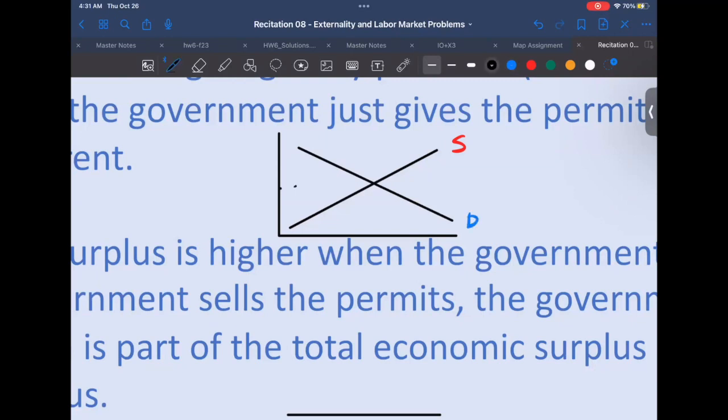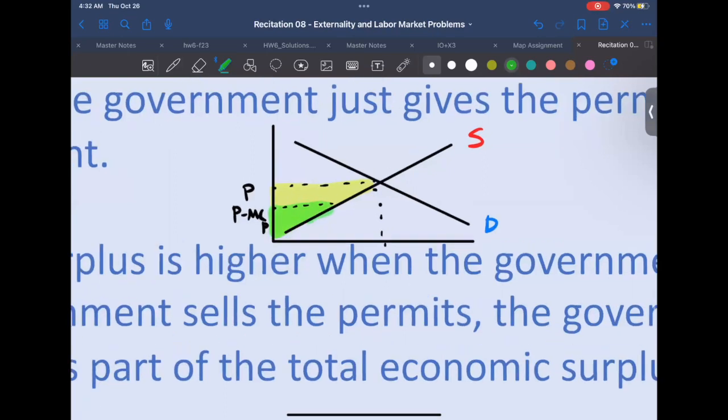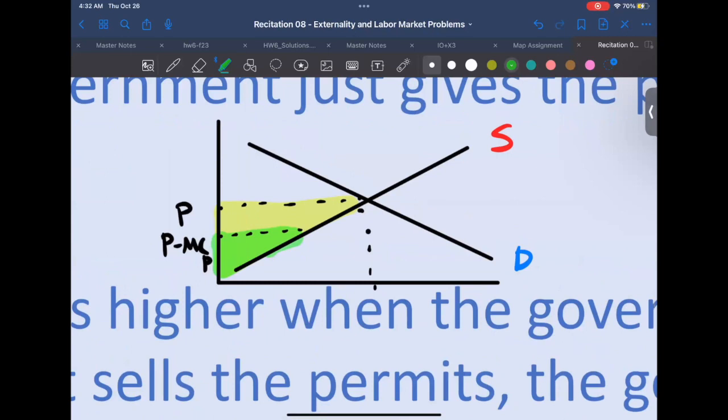We know that our producer surplus is going to be from the price that we receive down to our supply curve. But if the price that we receive ends up being lower, we can directly correlate that to a decrease in the producer surplus, where now our producer surplus is just this green triangle.